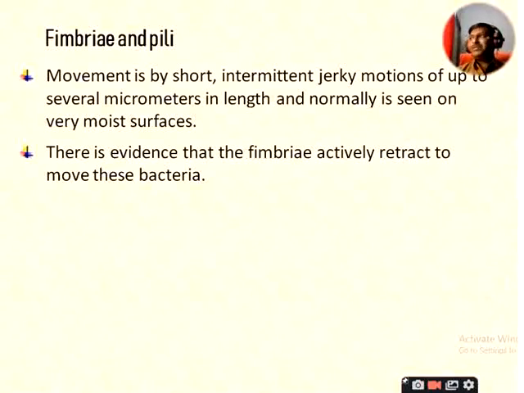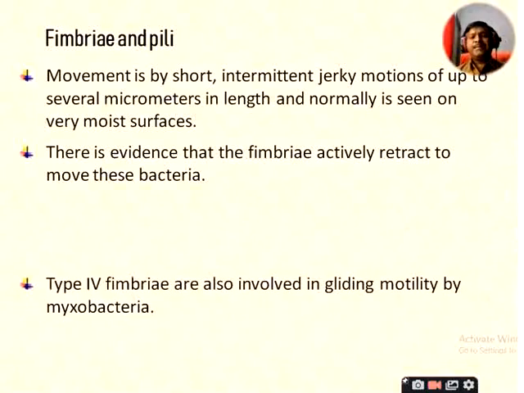That means this type of twitching motility is observed only on moist surfaces, and there is evidence that the Fimbriae actively retract to move these bacteria. So in addition to the flagella, Fimbriae also help show twitching movement of bacteria on some moist surfaces.